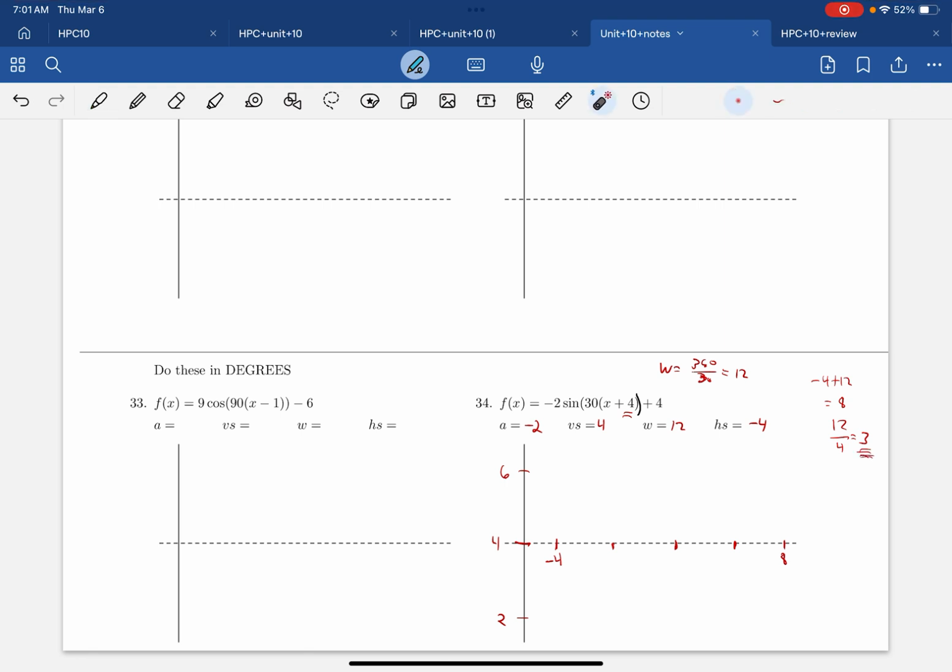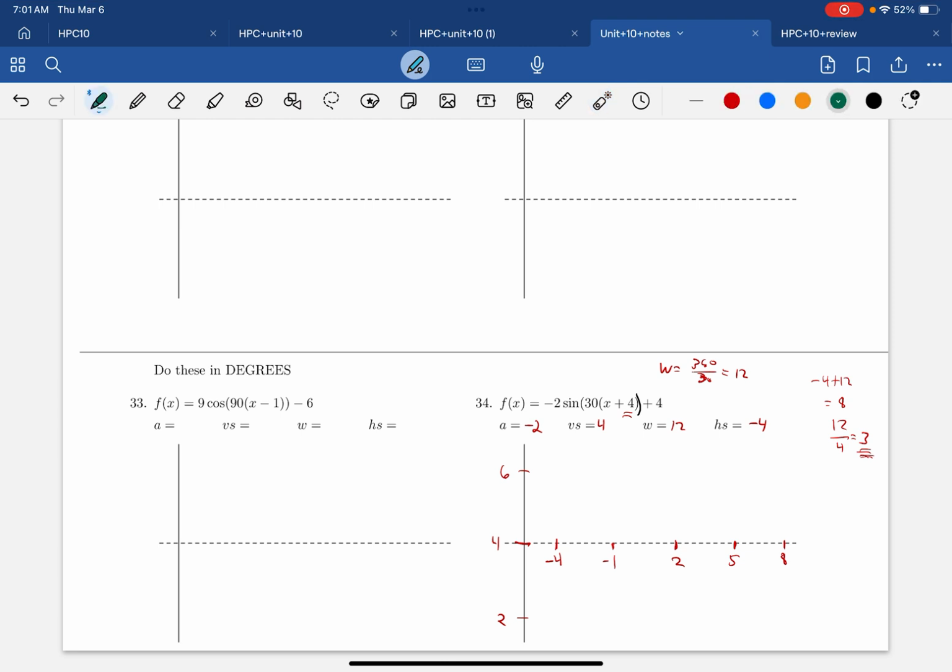We're going with this idea of, here's my wavelength, I'm going to divide it into quarters. I have 3, so each quarter needs to be 3 long. So -4 plus 3 is -1, plus 3 is 2, plus 3 is 5, plus 3 is 8. So when we hit the 8, that's a nice little confirmation that I'm doing this correctly.